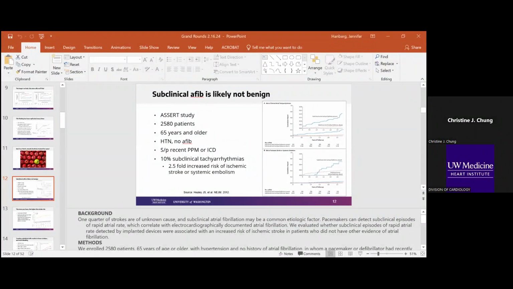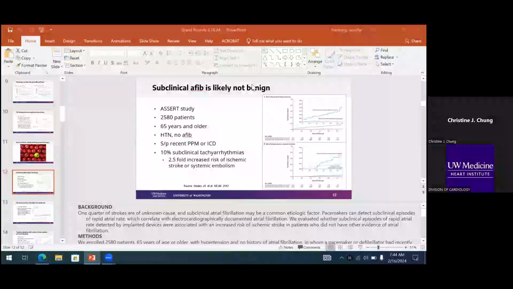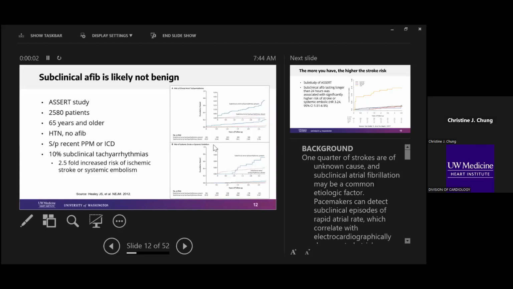We need to start the slideshow for her. Now select PowerPoint slideshow.